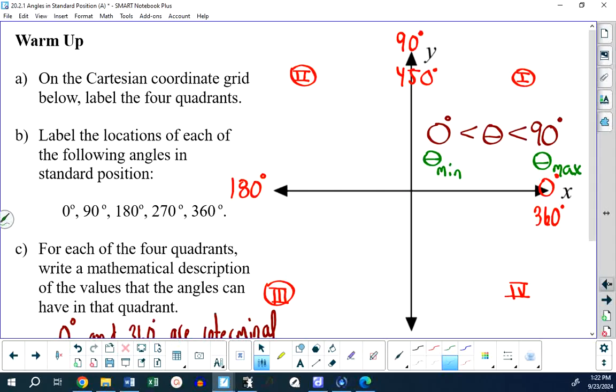If we use that same notation in quadrant 2, the minimum value of theta in quadrant 2 would be 90 degrees. The maximum would be 180 degrees. And I want to be careful here, because when I say the minimum is 90, I'm actually saying it can't be 90. It's got to be more than 90, right? So we would do this.